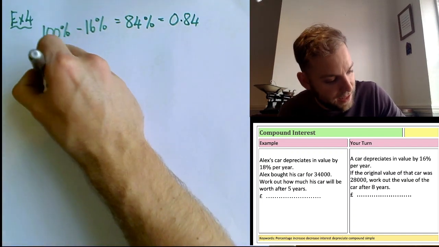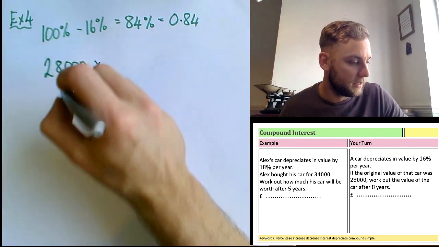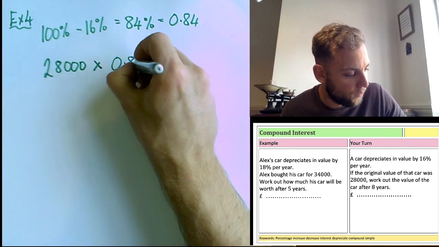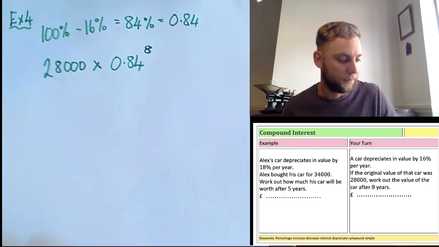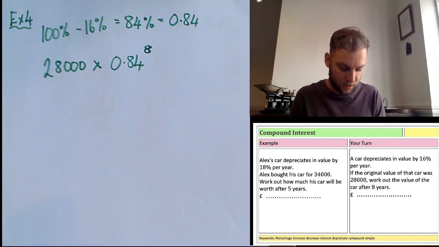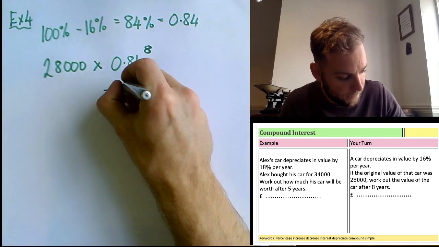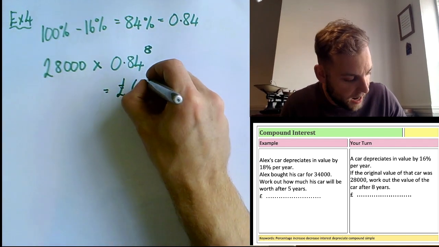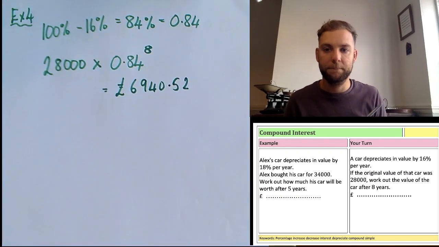So it's going to be 28,000 times by 0.84. Now because we want it over 8 years, it's going to be to the power of 8. Okay, so it's going to be 28,000 times by 0.84 to the power of 8. Brilliant. So that one there is equal to 6,940.52 for that one. Super.